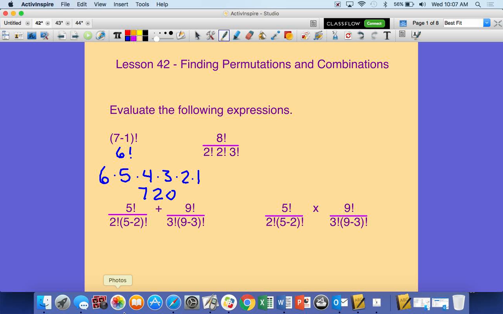All right? And what we're going to use that for is to figure out how many different combinations of numbers can happen in something. If we go to this next one, we have 8 factorial, so we can do the same thing here.